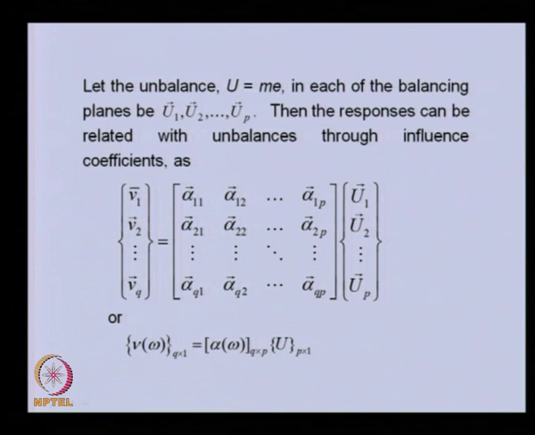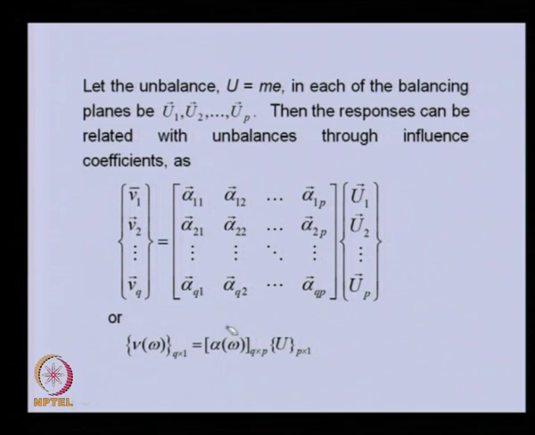So, these responses we are writing in terms of the influence coefficient multiplied by the forces. You can see that this particular influence coefficient matrix which we have obtained is of size Q into P. P is the number of balancing planes and Q is the number of measuring planes. This influence coefficient is a function of speed, because we have already seen how the influence coefficient changes with speed.